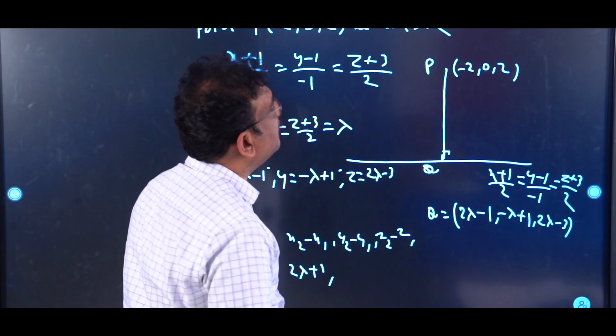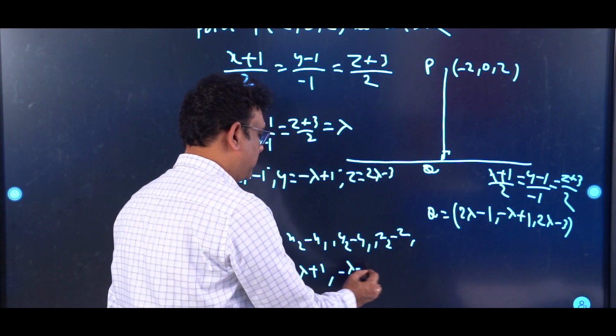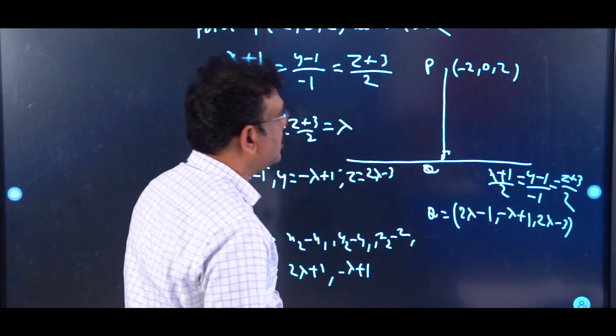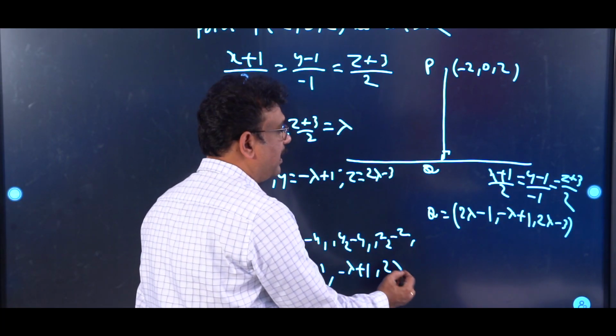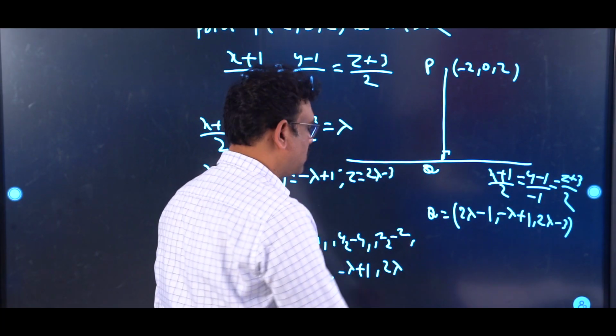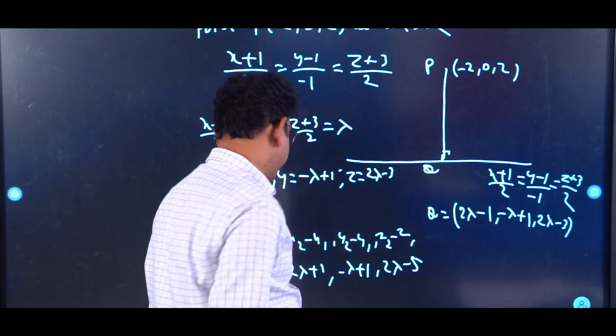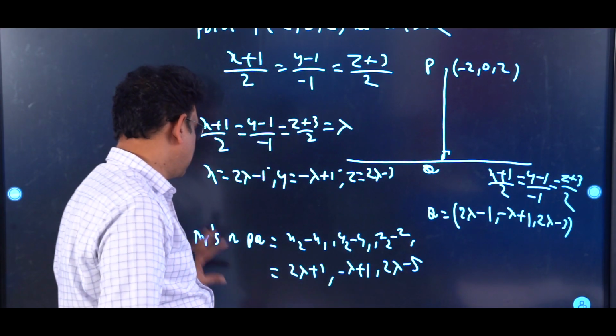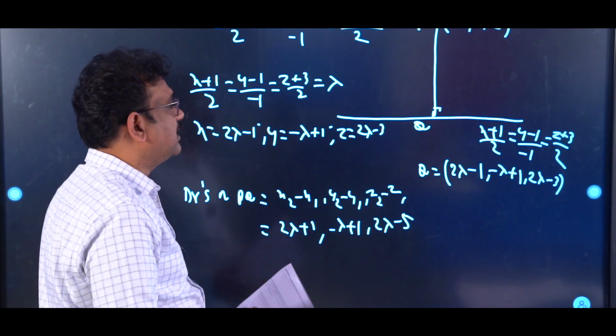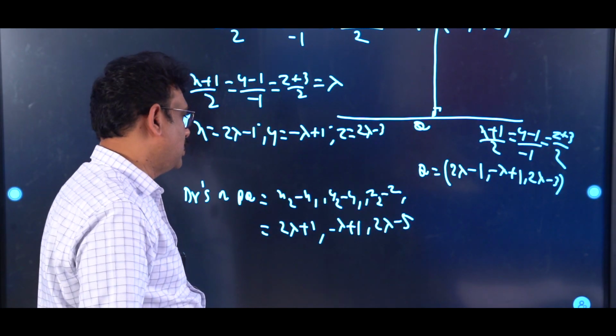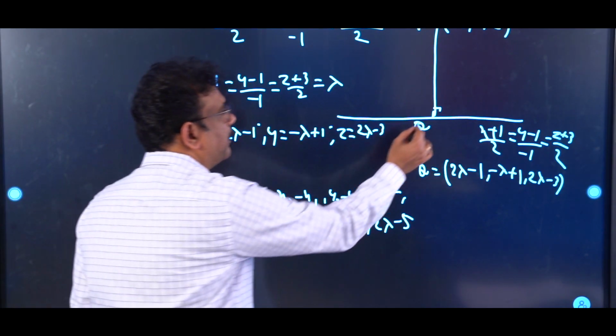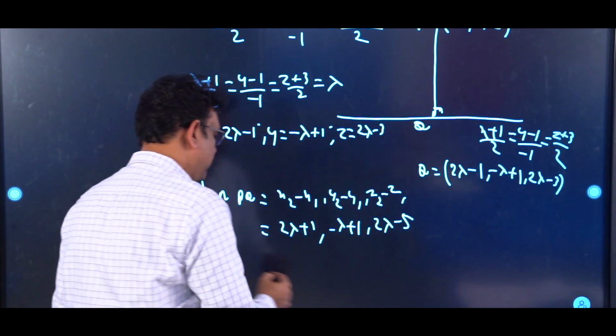Next minus lambda plus 1. Next 2 lambda minus 3 minus 2, minus 5. These are the drs. Now drs of the line is 2, minus 1, 2. So these are perpendicular to each other.